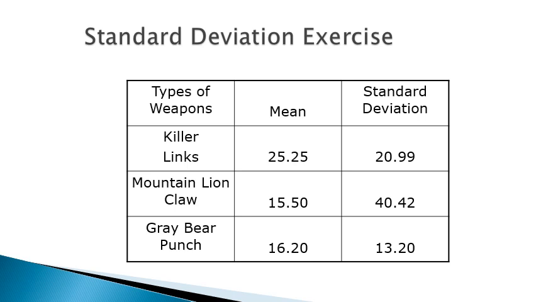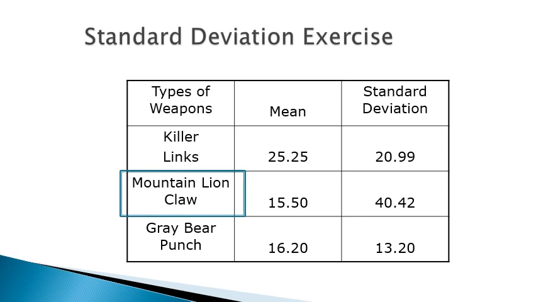And let's say this weapon is getting dropped out of a plane. The first weapon I have is called Killer Lynx. What this is saying is that on average, mean, when I drop this from a plane, it's going to hit on average 25.25 feet away from the target, with a standard deviation of 20.99.